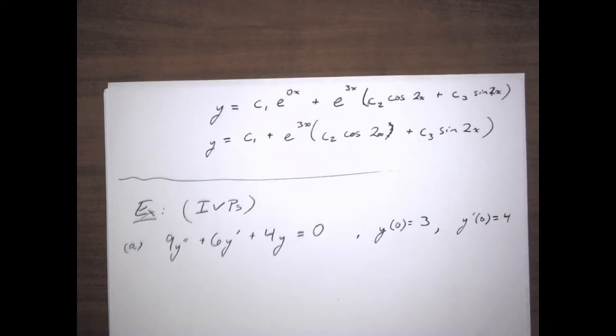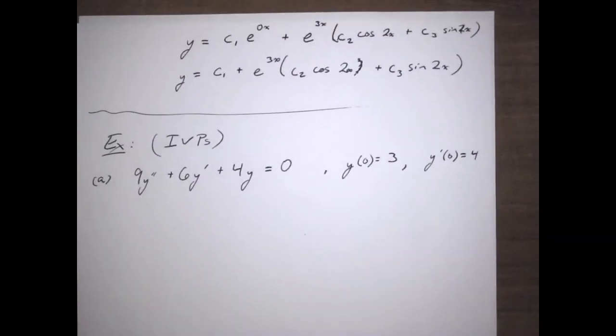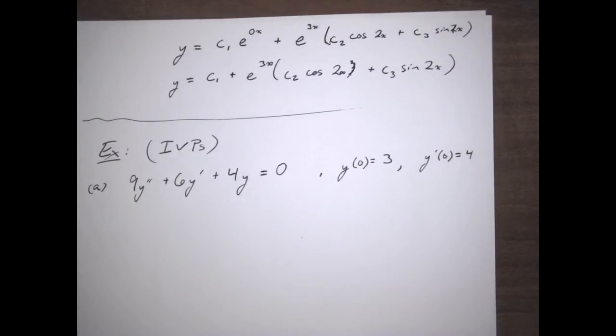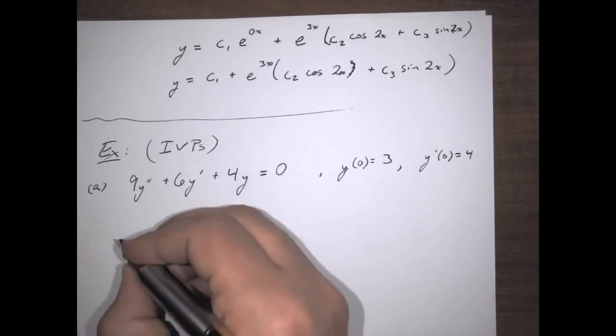Because this is a degree 2 differential equation, we need 2 initial conditions in order to be able to pin down the values of the 2 constants that we're going to be giving rise to.